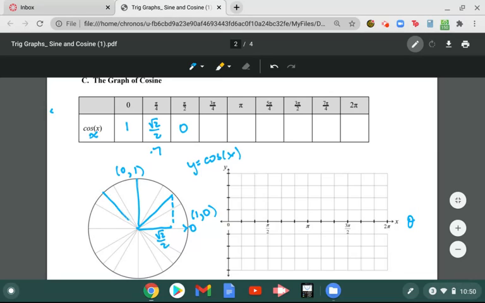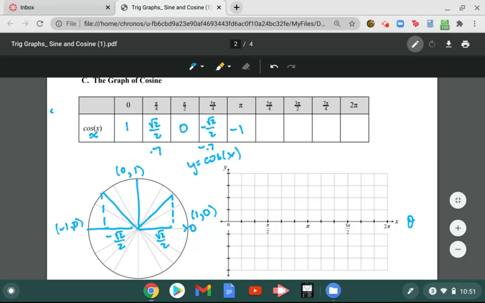Now for 3 pi fourths, I'm looking for not the y value, but the x value. This guy is going to be negative radical 2 over 2. So negative radical 2 over 2, or negative 0.7. And then all the way over here at pi, I've got the point negative 1 comma 0. So we get negative 1.